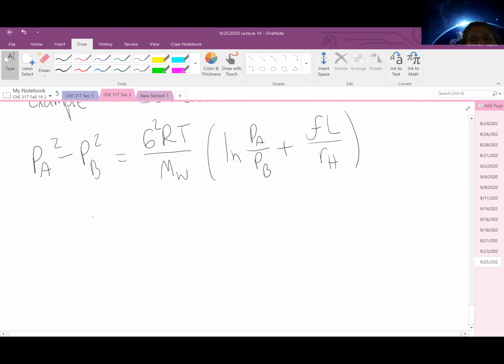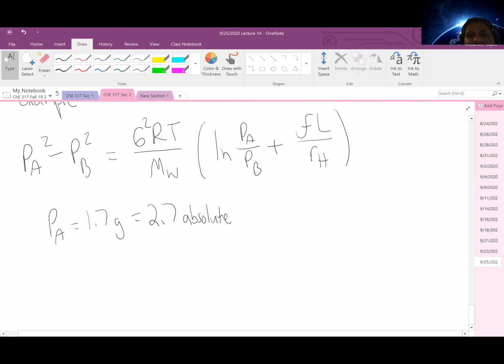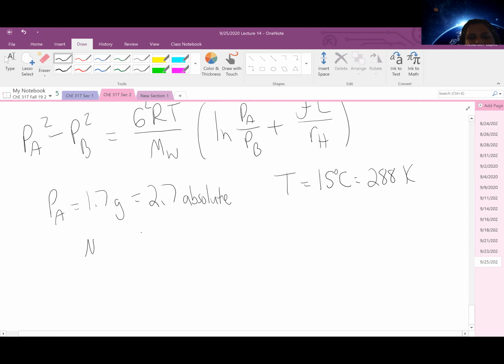We know PA is 1.7 gauge, which is 2.7 absolute. One thing to keep in mind with this expression is you do want to use absolute pressures and temperatures. Temperature, as provided, was 15 degrees Celsius, which is 288 Kelvin. The molecular weight of air, as always, is 29.